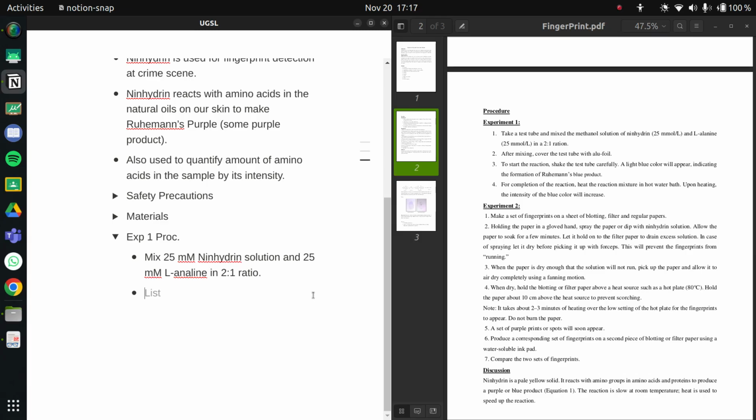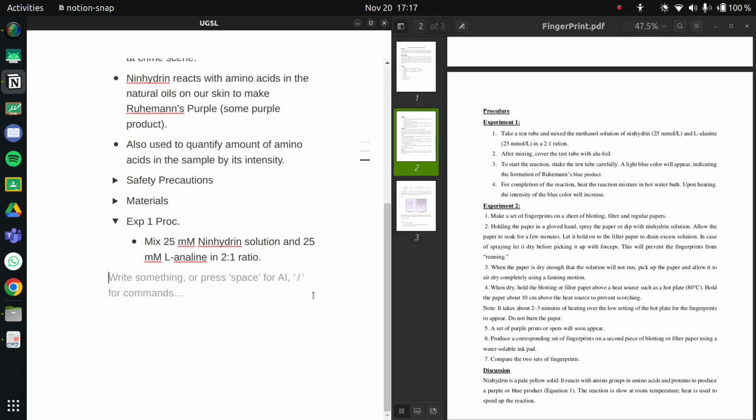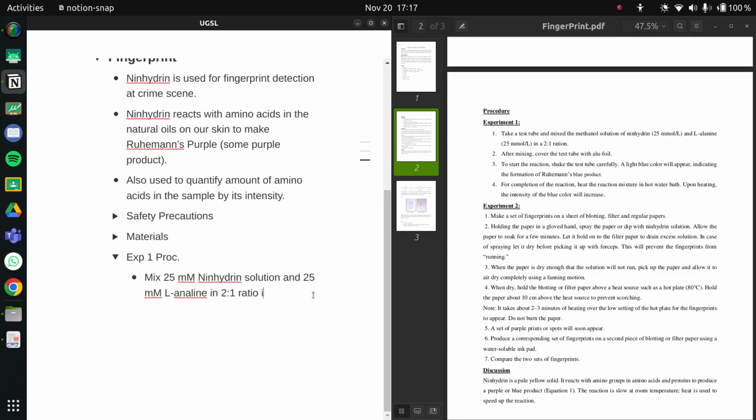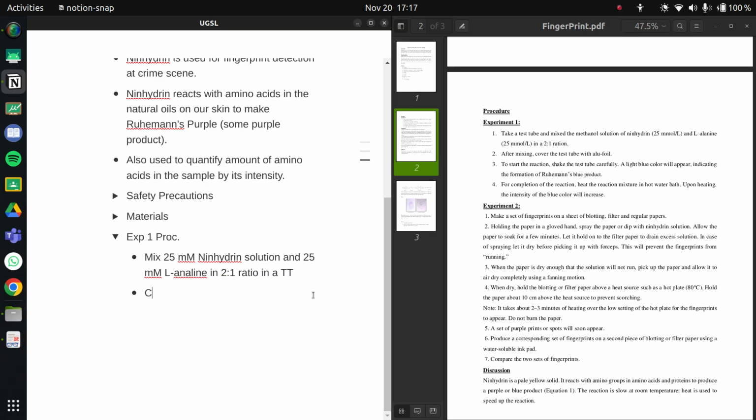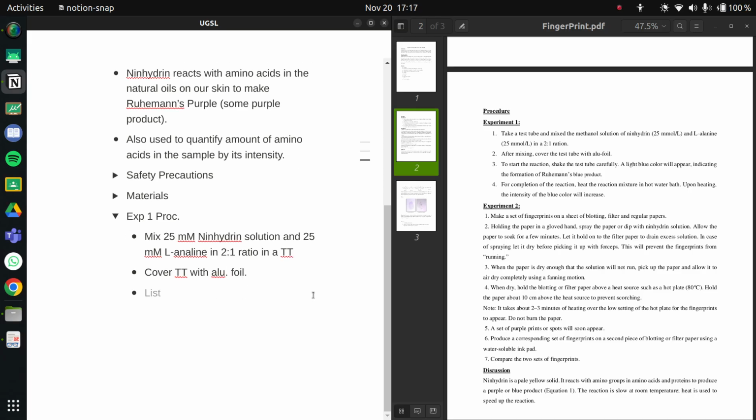Cover the test tube with aluminum foil. To start the reaction, shake the test tube carefully. A light blue color will appear, indicating the formation of Ruhemann's blue product. Shake.